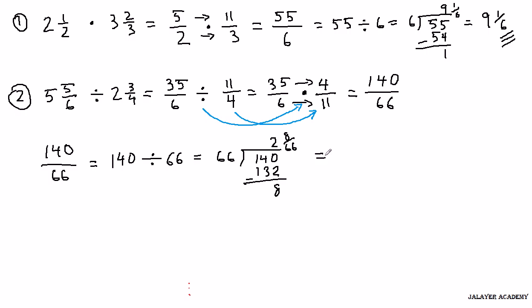And our final answer, to write it clearer, is 2 8/66. So we took mixed numbers, we divided them, and we came back to an answer that's in mixed number form. And the same thing for the first question where we multiplied mixed numbers, got some intermediary improper fraction, but ended up finally with a mixed number result.